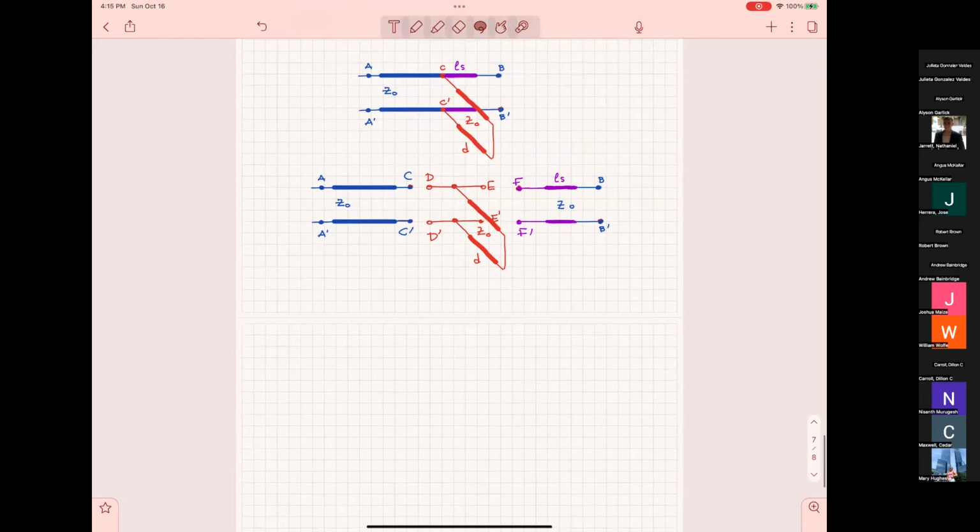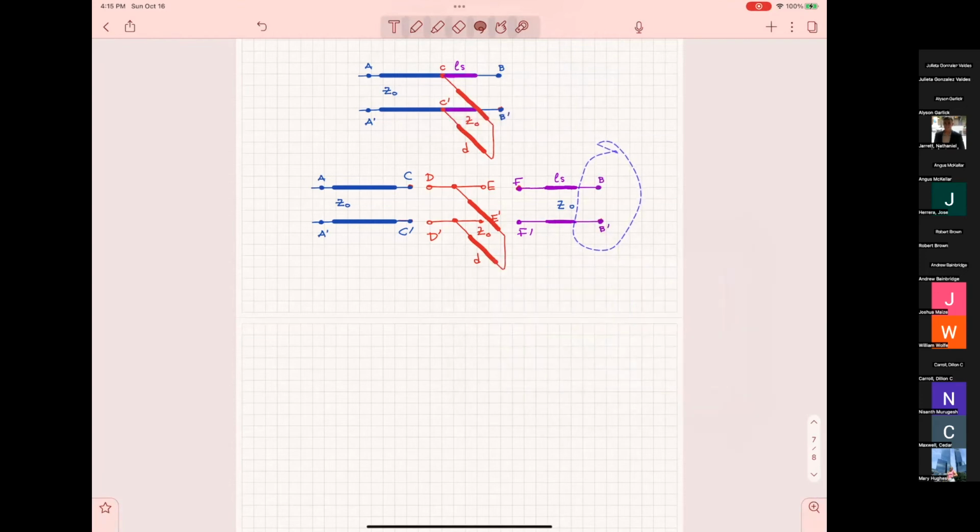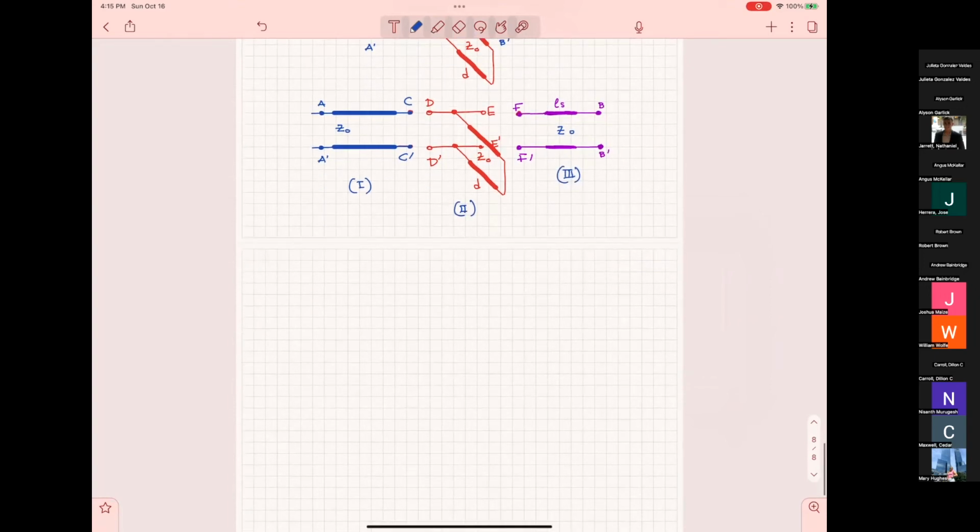So now I have three different fundamental two-ports. Let me call them 1, 2, 3. These are connected in series.